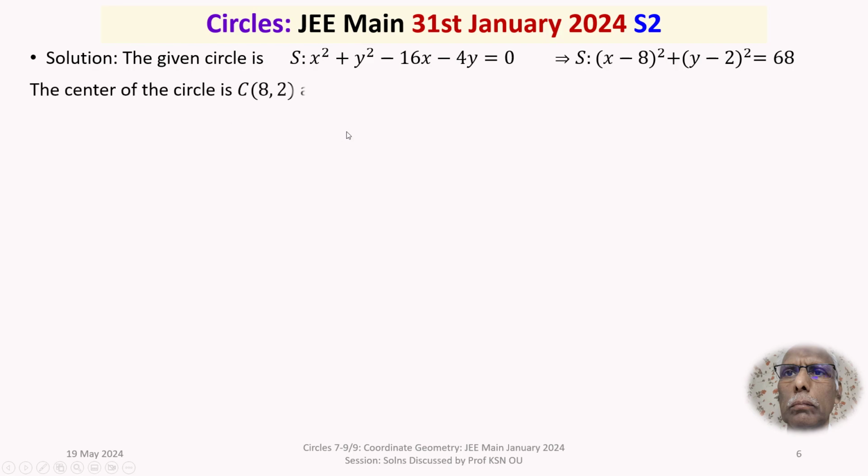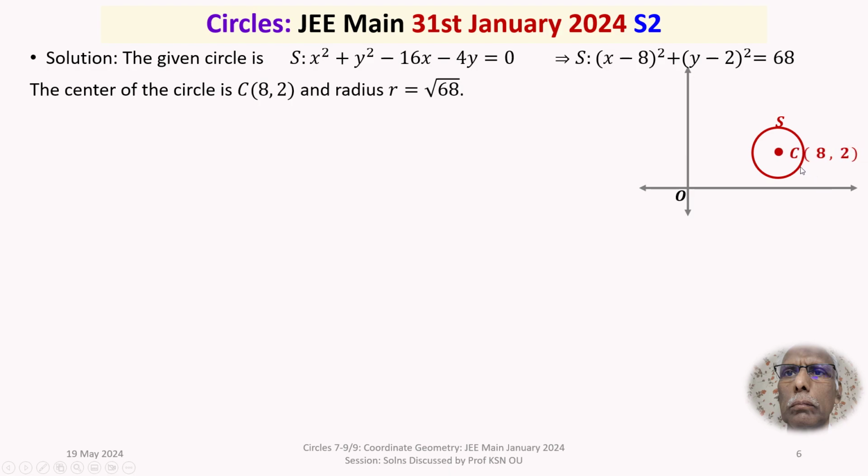Therefore, the center of the circle denoted by C has coordinates 8, 2, and the radius r is under the square root of 68. That's our x-axis, y-axis, and the origin, and that's our circle S, whose center is C with coordinates 8, 2. What is given to us?